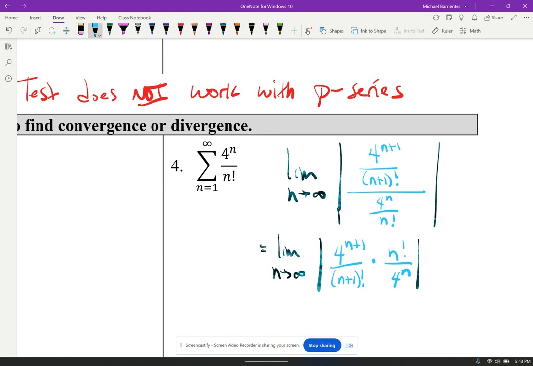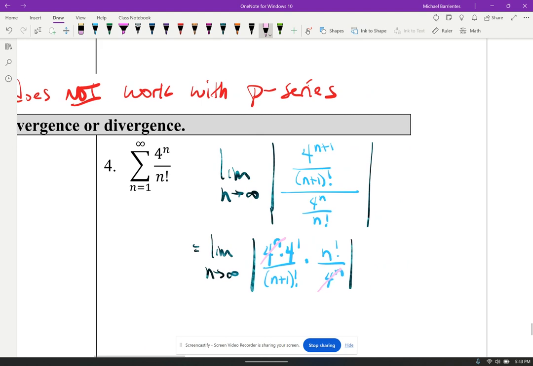Now here's that setup we were talking about before. If I have an exponential whose exponents are being added, I could rewrite this as 4 to the n times 4 to the 1. Why would I do that? Because then I would be able to reduce this.